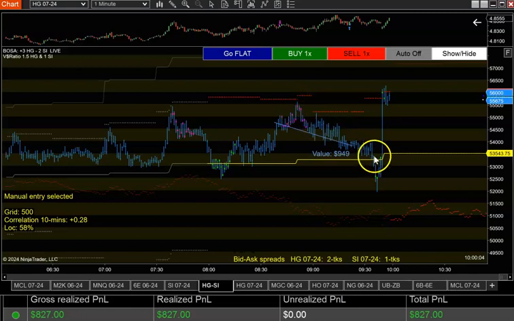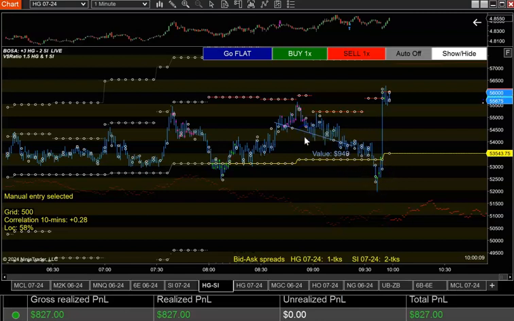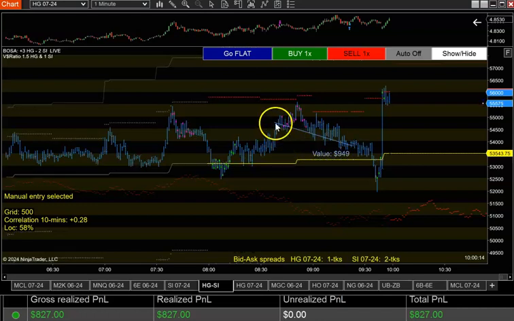And then we did tank, and you can see it actually broke through this drawn line here, that 949. That shows you where I went short and where I exited. So I got 949. It's showing 827, but that's because I had a negative 123 trade before this.